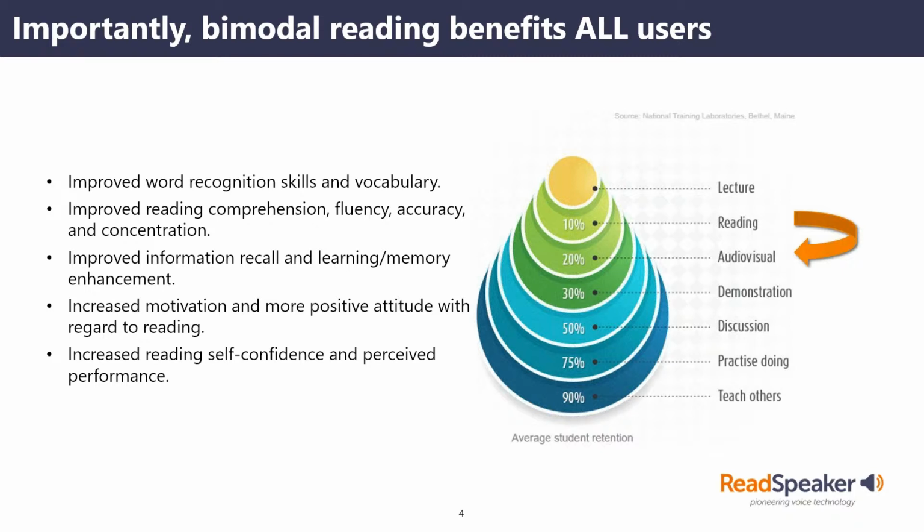Also, you have folks with diagnosed learning disabilities like dyslexia, ADHD. So the text-to-speech feature is really geared towards a much wider audience than just those with a visual impairment.